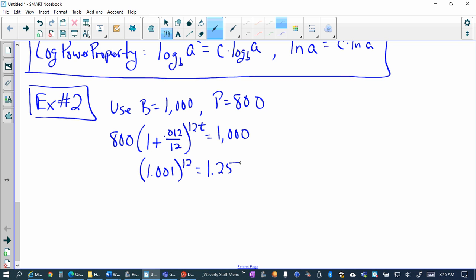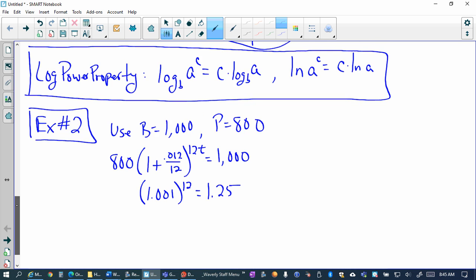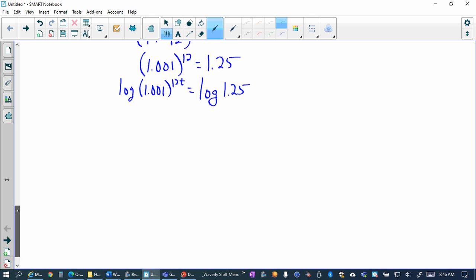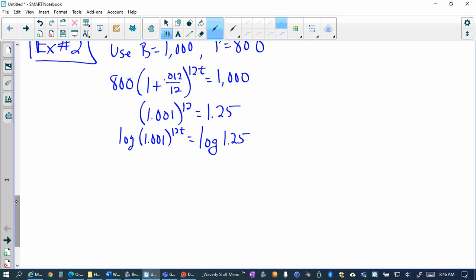So now, instead of taking the log of base 1.001, maybe you have a calculator that only does base 10 or natural log. So let's just take the log base 10 of both sides. Log base, we don't have to write the 10, of 1.001 to the 12t is the log base 10 of 1.25. And we use our product property. Bring that exponent of 12t out to the front and rewrite it.